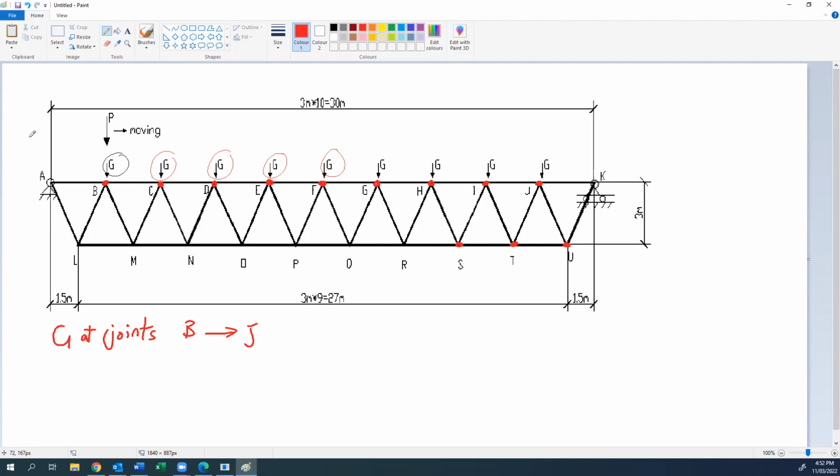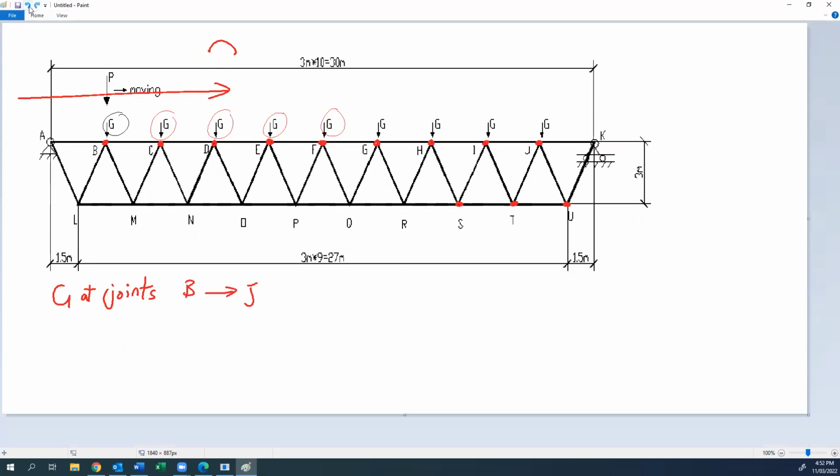Here, as the traffic moves in this direction, cars or whatever, the traffic will pass through this line. That's why the forces are applied to the top chord.